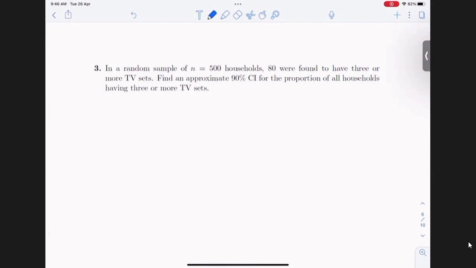Because it says that we have a random sample of 500 households, and in the sample data, 80 were found to have 3 or more TV sets. We want to find an approximate 90% confidence interval for the proportion of all households. Okay? So it is a problem of finding a confidence interval for proportion.